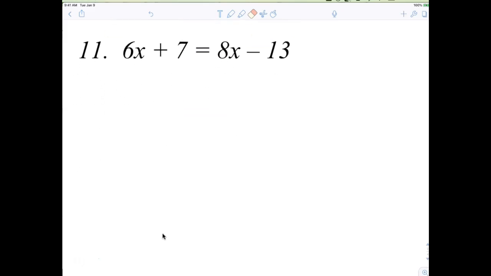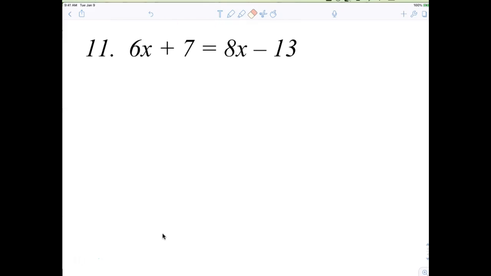Let's check out number 11. All right, here we go, guys. Give you a second. 30 seconds. See if you can solve this one.